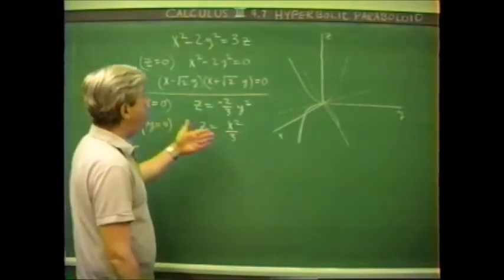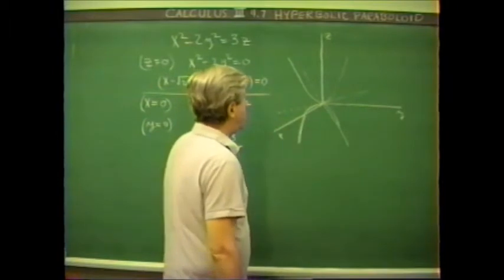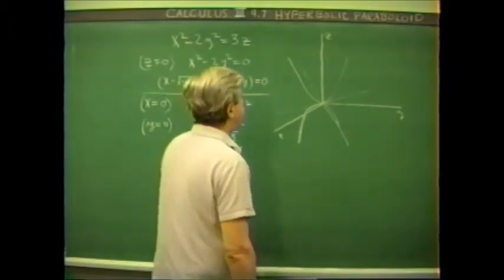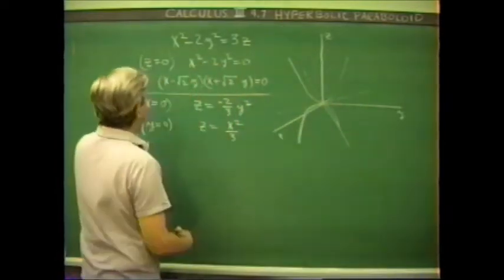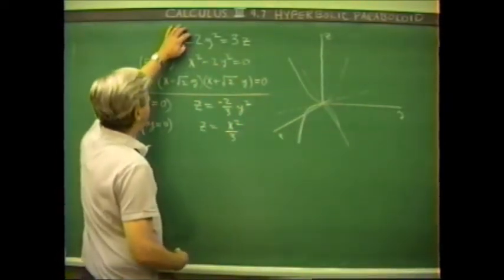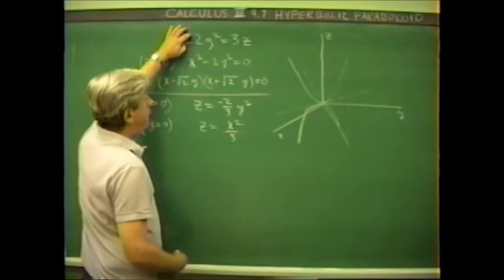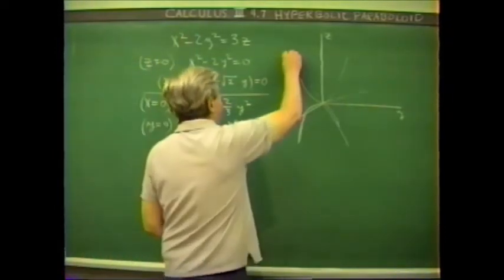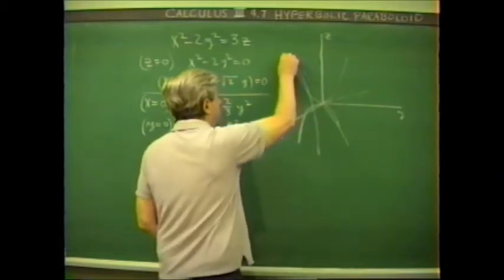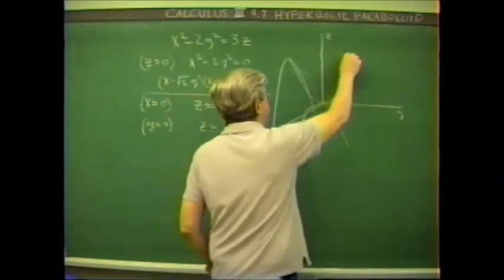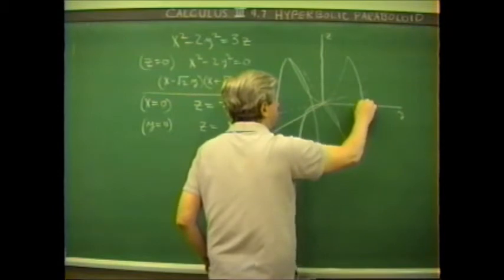However, if we consider various cross-sections of this, let's say fixing x to be a particular number, then we find that what we've got is a parabola, and it's a parabola opening downward. So each of these parabolas here is sort of hung on this upward parabola here. Right?